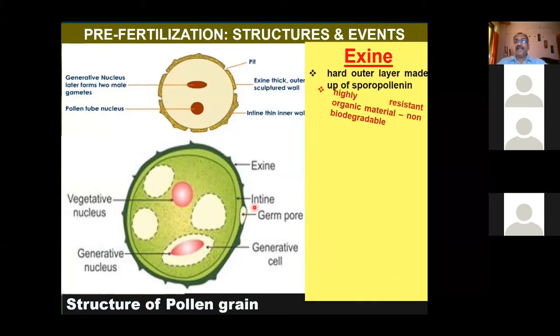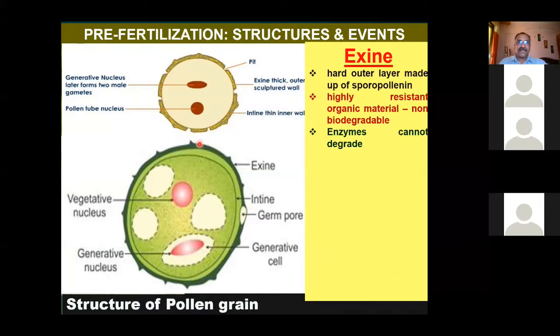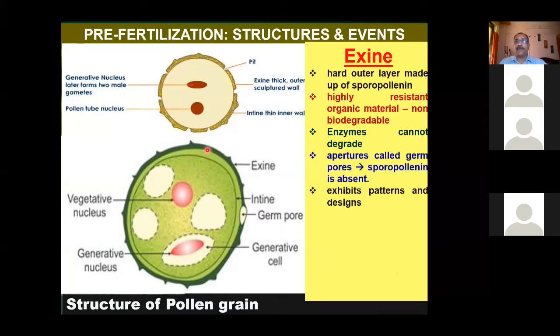Now if you look at exine, this is exine. What are the characteristics which are already there on the screen now? The first point is that the outer layer is mostly thick in nature. Why is this exine thick in nature? Because it is made up of certain specific substances which are very tough.